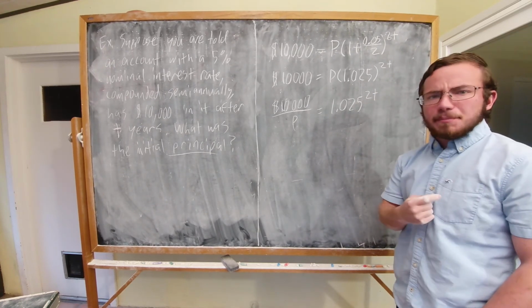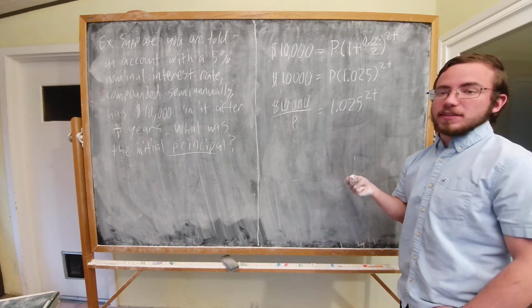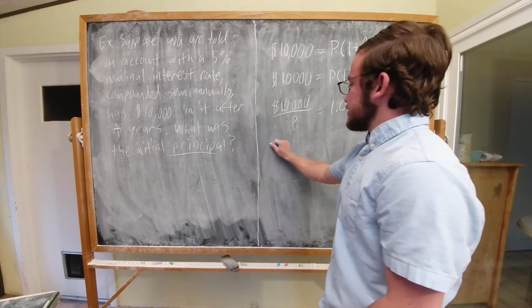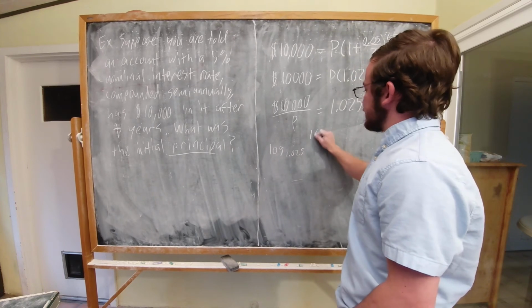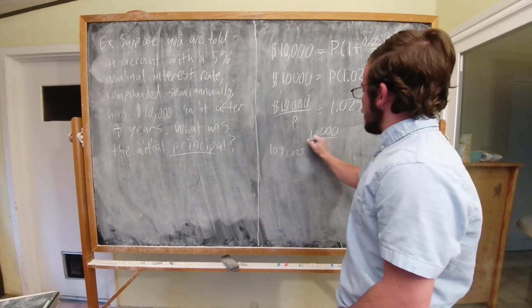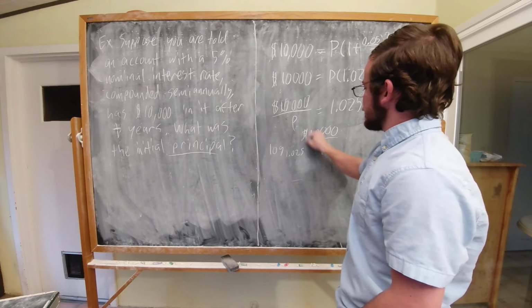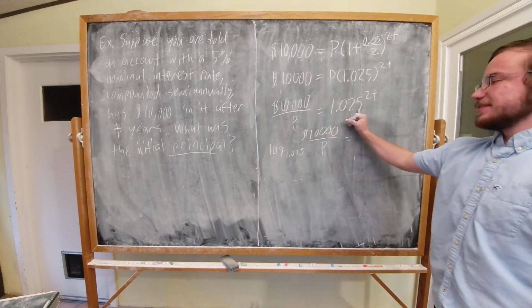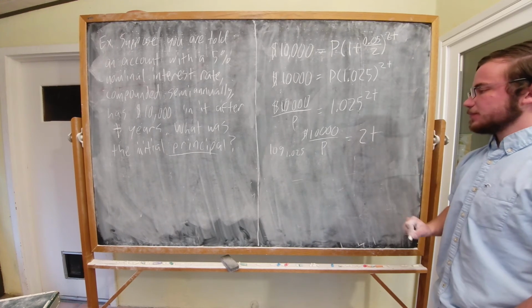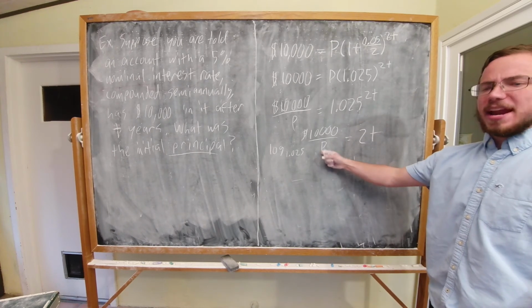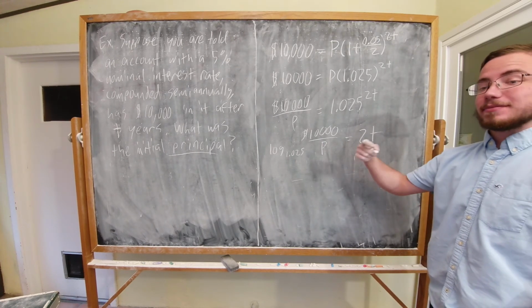Let's take the base 1.025 logarithm in this case just to make everything simpler. That tells us log base 1.025 of 10,000 over P is equal to, it's going to cancel with that on the side, 2t. But we're trying to get P by itself. Now it's all in this logarithm. What do?